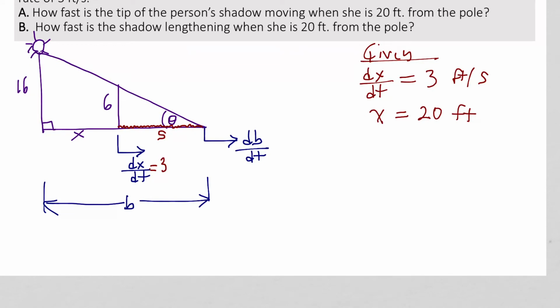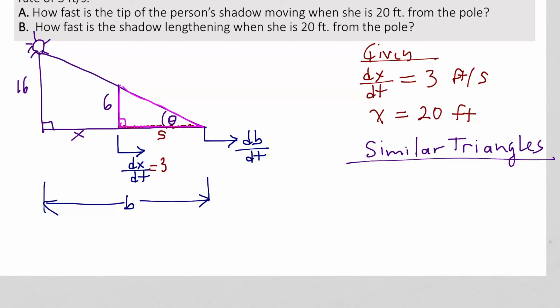Right, so we need an equation. In order to figure out an equation, we take into account similar triangles. This smaller triangle is similar to this larger triangle here, and we know that because they share this same angle, so that's one angle that's congruent between these two triangles, and they also share a right angle.